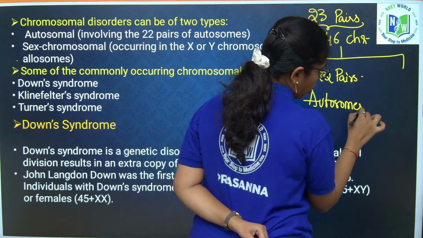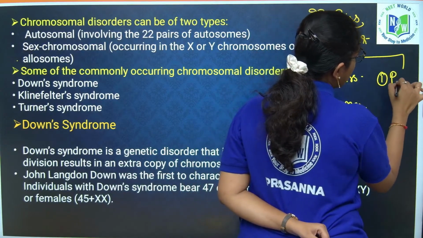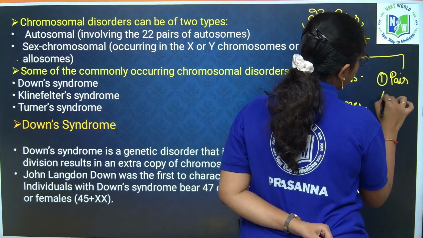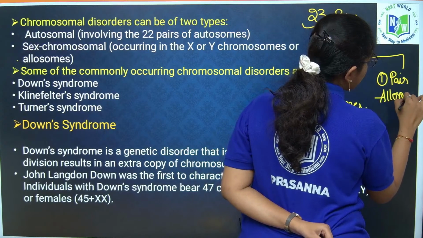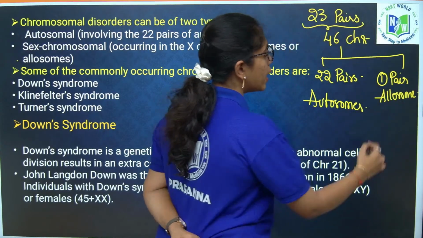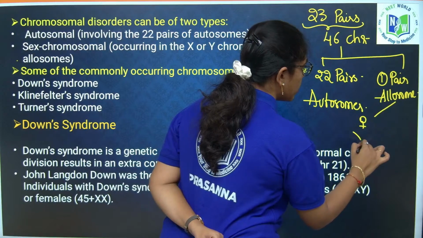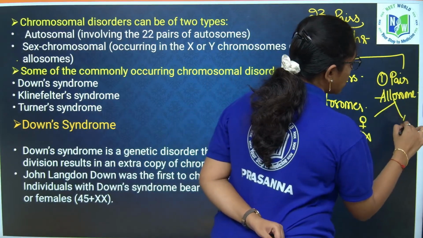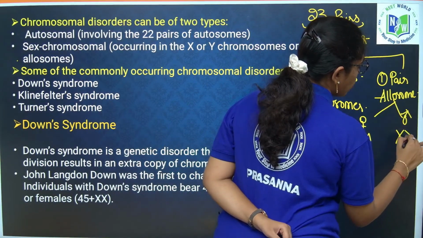One pair is the allosome, or sex chromosome. In females it is XX, in males it is XY.